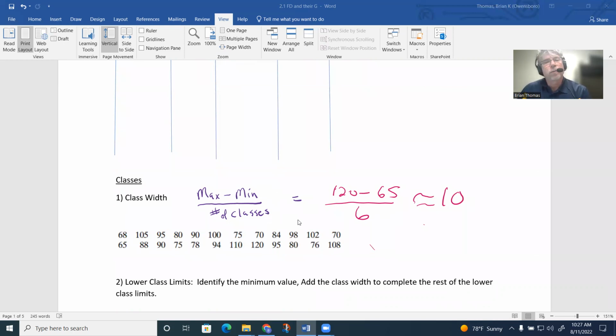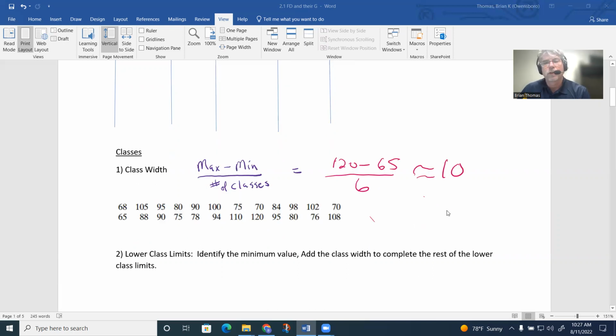Remember, if we were creating our own number of classes, we have to choose between 5 and 20. But most of ours, they'll tell us what number of classes they want to break it into. And when we did this method, recall last time we got like 9.1 something, and we always want to round up to the next usable number, so it's usually the next whole number.